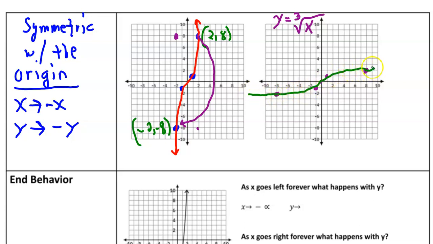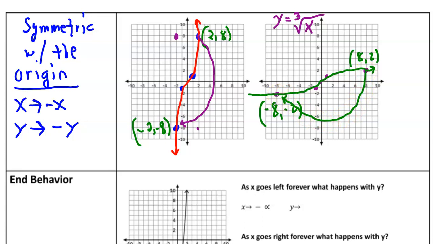if you look, this point right here is (8, 2). Then if you'll notice, (-8, -2) is also on the graph. This point has been moved 180 degrees.